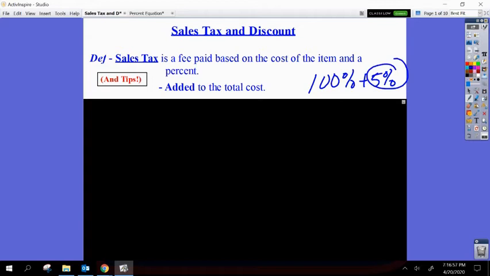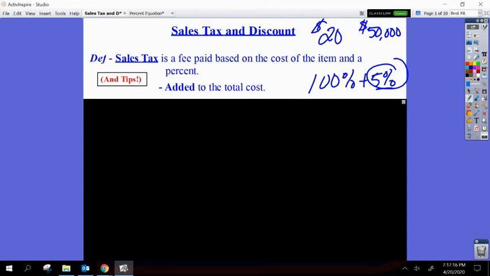That 5%, you might ask, is that a lot? Is that not a lot? Well, it depends on what you buy. If you pay 5% tax on a $20 shirt, that's going to be way less than if you pay a 5% tax on a $50,000 car.